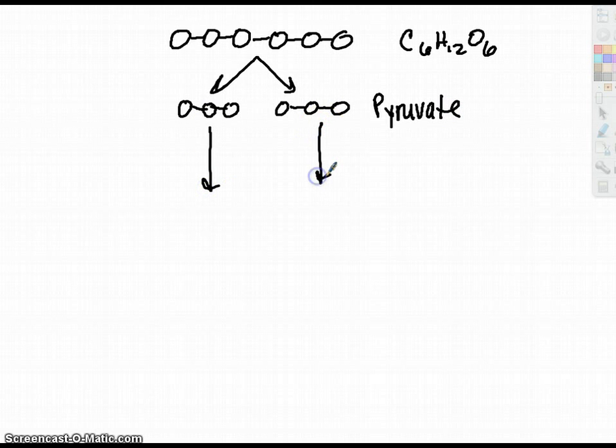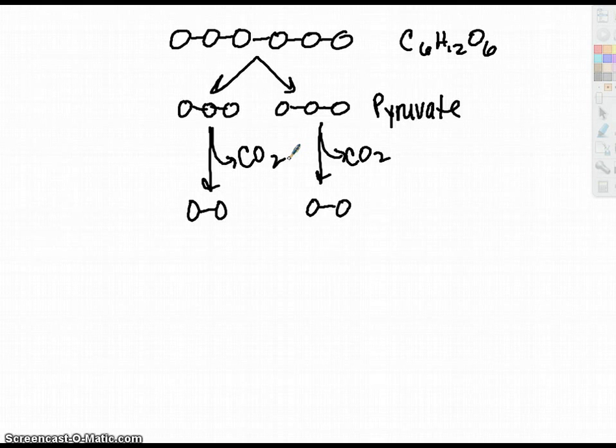Now, this is the oxidation of pyruvate step. One of the carbons breaks off and leaves. You basically exhale it. That's carbon dioxide. You exhale carbon dioxide, this is where some of that carbon dioxide is coming from. So now we've gone from a 3-carbon molecule to two 2-carbon molecules, and these are called acetyls.